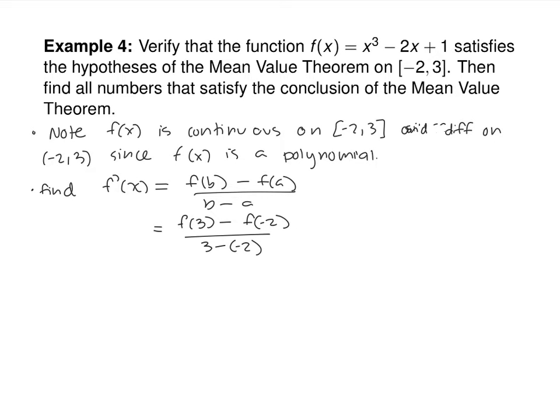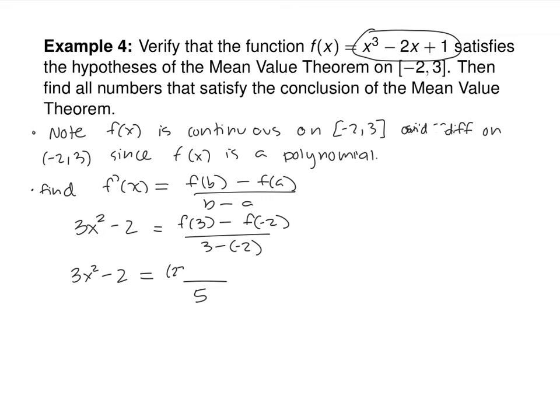And what's f prime of x? 3x squared minus 2. Okay, so you're solving 3x squared minus 2 equals, well that's all over 5, yes? So what do you get with this thing when you plug in 3?